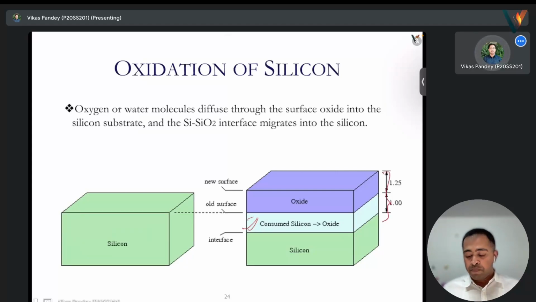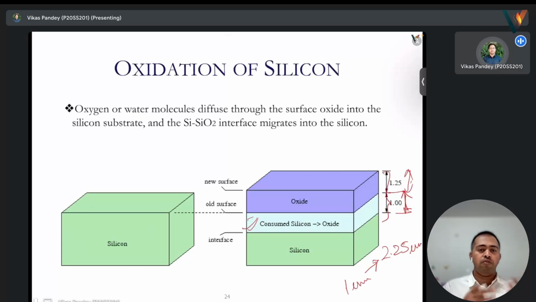It is said that if 1 micrometer of silicon is consumed, an extra 1.25 micrometer will be formed. So a total of 2.25 micrometer of silicon oxide will form from 1 micrometer of silicon. If you do the calculation of the atomic mass and volume, you will find that this is also fitting empirically.